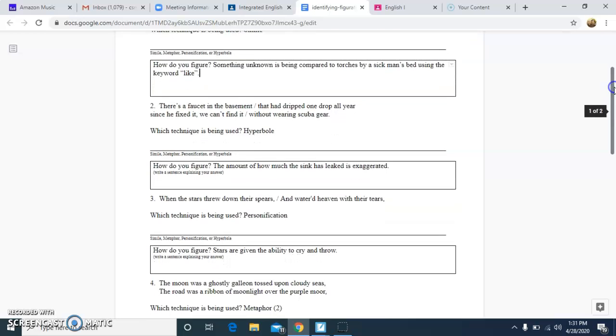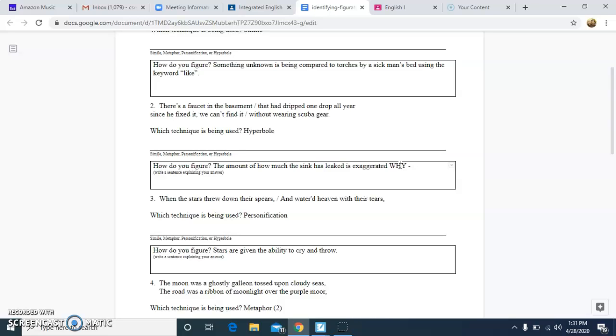Okay. Number two, there's a faucet in the basement that had dripped one drop all year. Since he fixed it, we can't find it without wearing scuba gear. So this is an example of hyperbole. This is an extreme exaggeration. The writer is trying to make a point. So the amount of how much the sink has leaked is being exaggerated. Now, why?